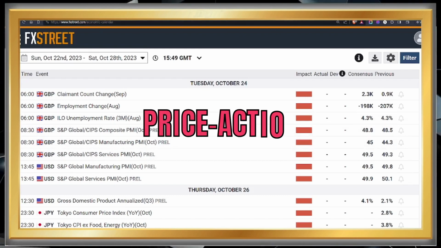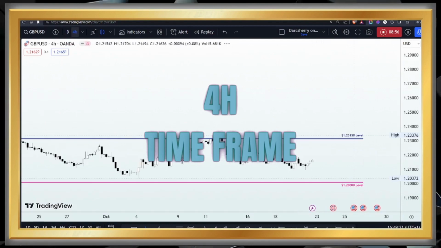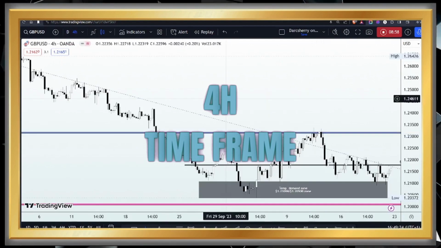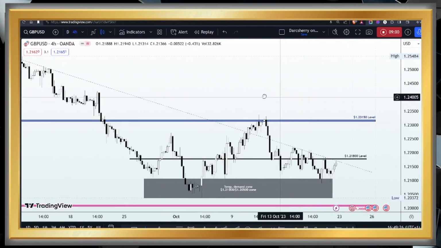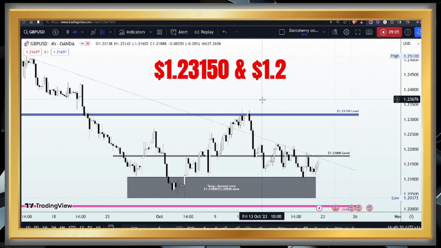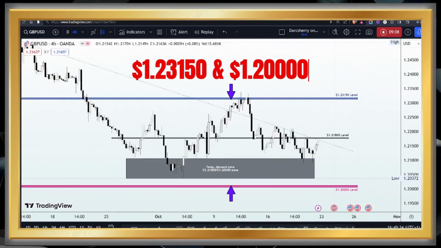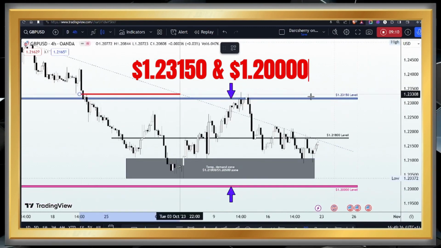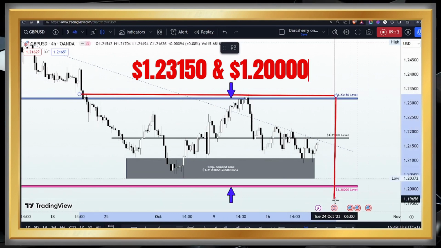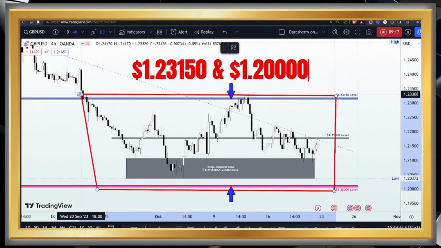Now, talking about price action, let's scale down into the 4 hours time frame. Now, on the 4 hours time frame, like I said on the daily, we are going to be focusing on that area between the 1.23150 and the 1.200 area, which of course is serving as a consolidation phase, which of course emphasizes the indecision in this market.